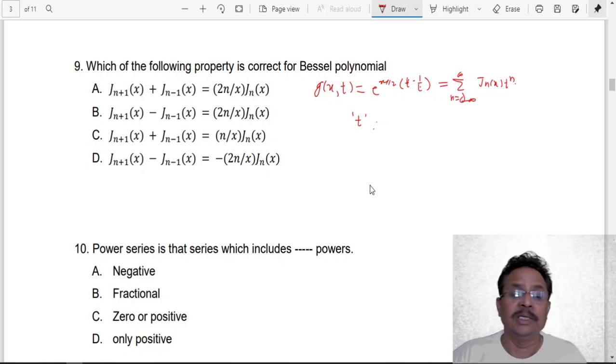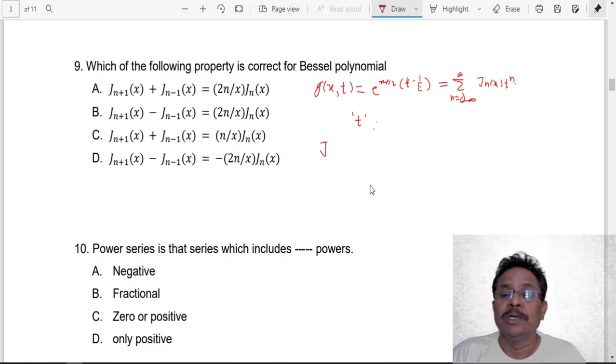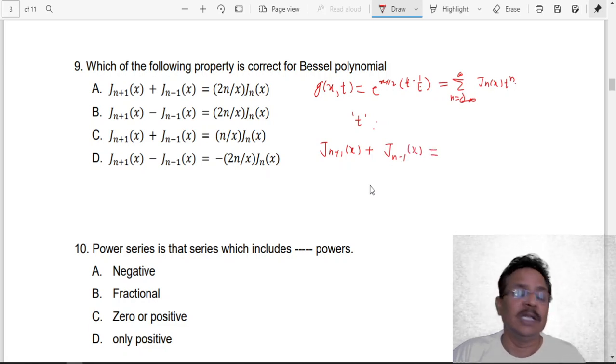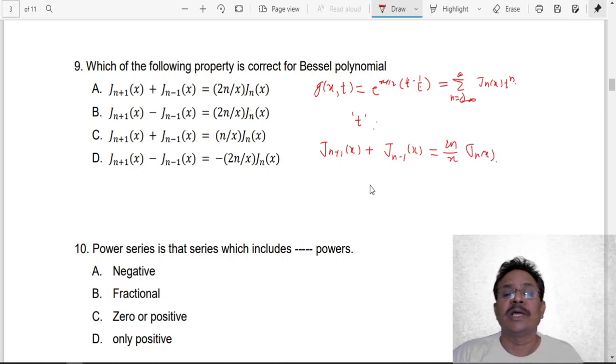You have solved this problem earlier in the class. That gives you Jn plus 1 of x plus Jn minus 1 of x on the left hand side, and the right hand side is 2n upon x into Jn of x. So this is called a 3 terms recurrence relation.